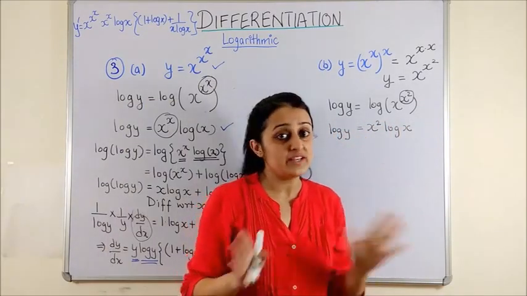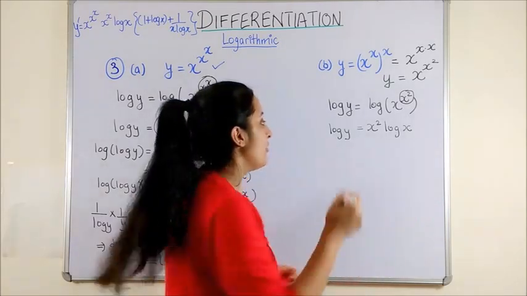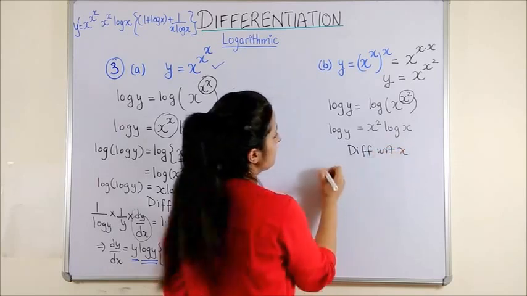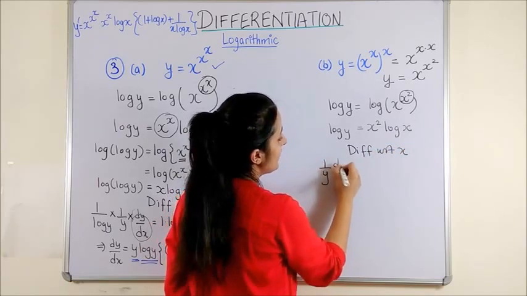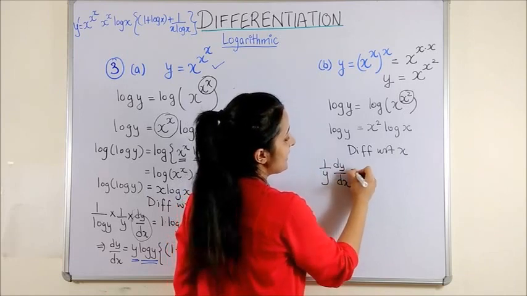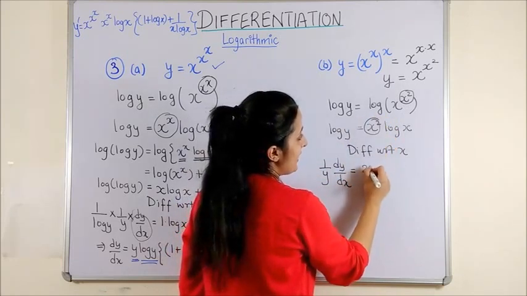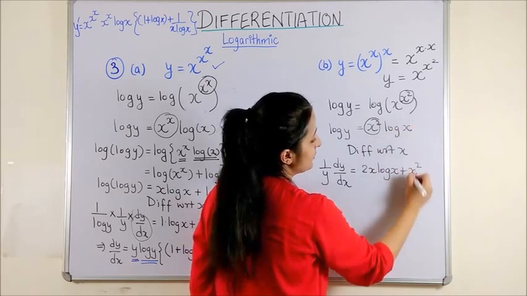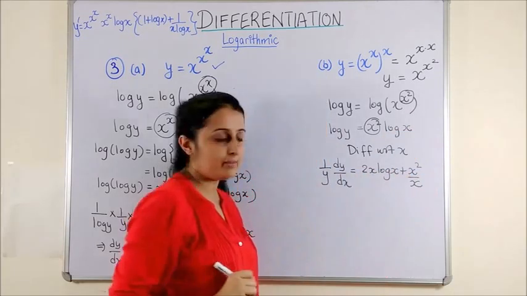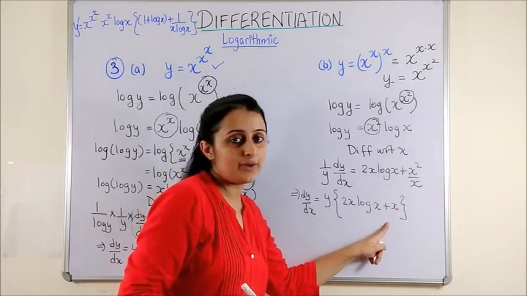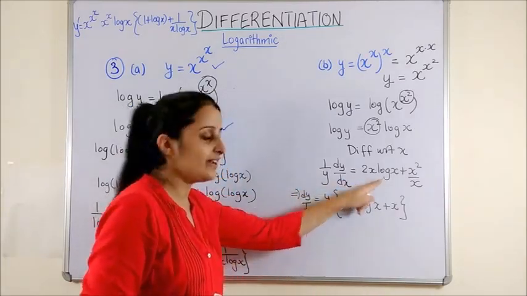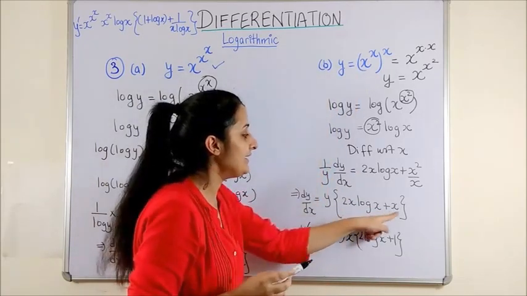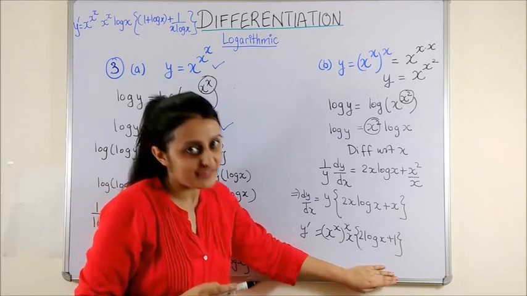And this time, if you see, we do not require another log, and we can differentiate it directly with respect to x, which gives us 1 upon y into dy by dx is equal to 2x into log x plus x square into derivative of log x, which is 1 by x. So this is what you end up getting when you multiply y on the other side. So on replacing back the value of y and taking x common, this is your final answer.